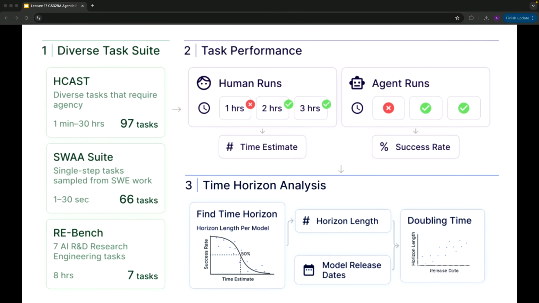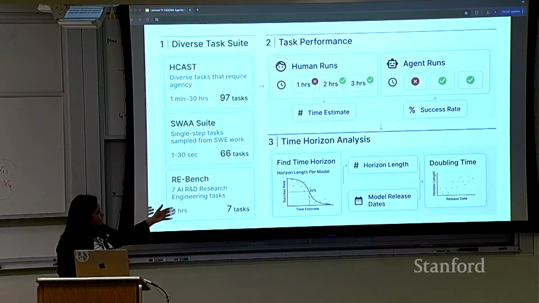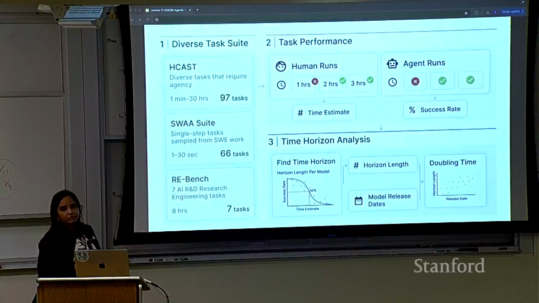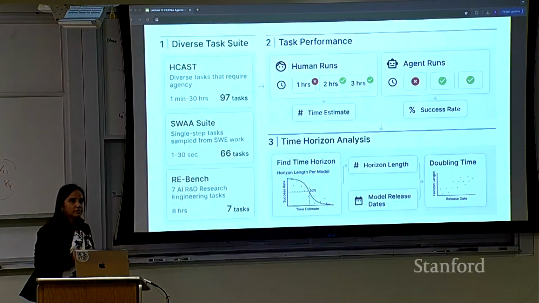And based on that, they find the time horizon for these models completing the tasks. So that gives a sense of the horizon length relative to model release dates. So what we'll see in terms of trends is, for models released on different dates, roughly what is the time horizon with which the models complete the tasks 50% of the time or 80% of the time. Questions?